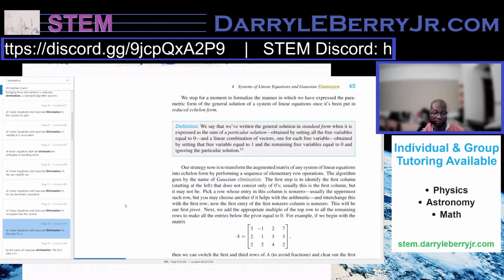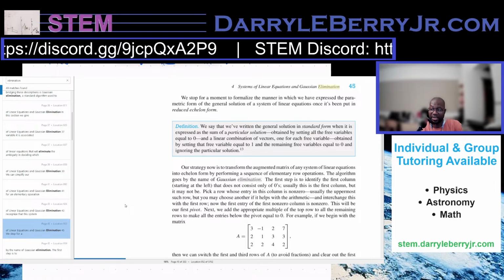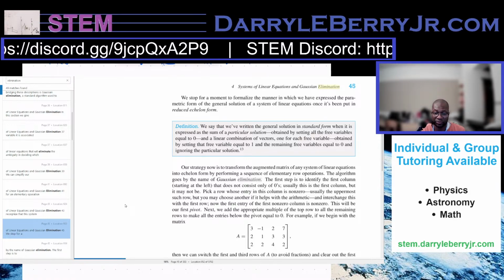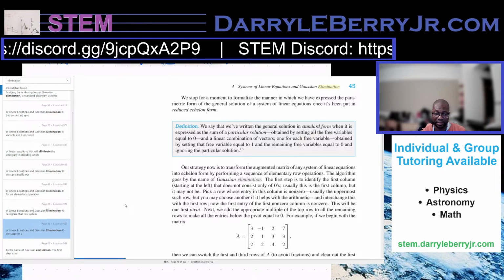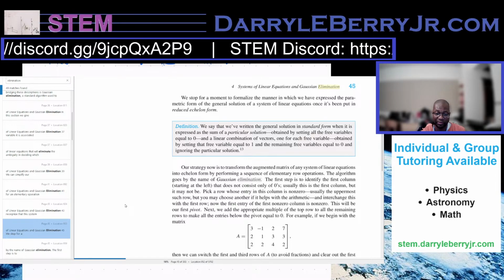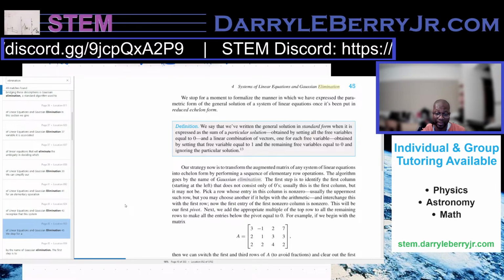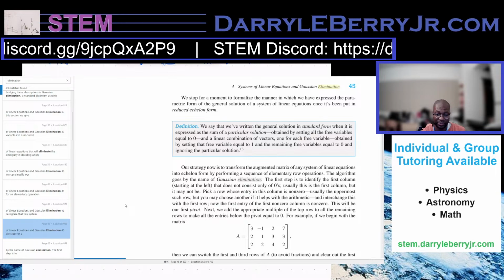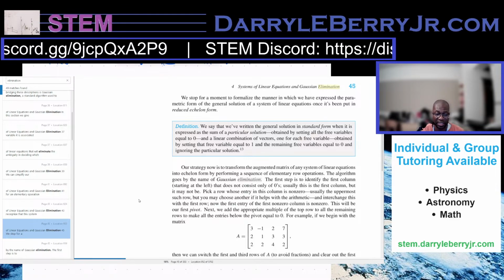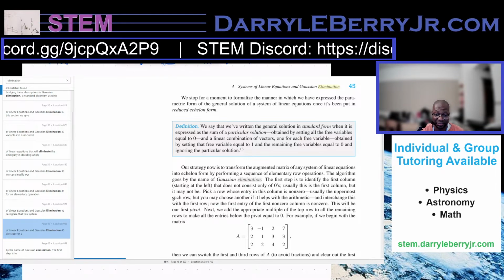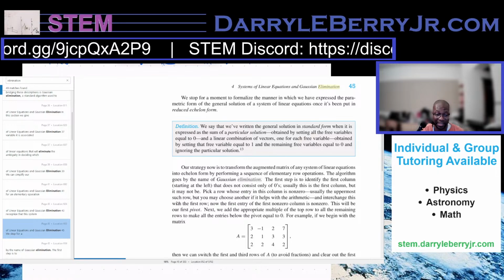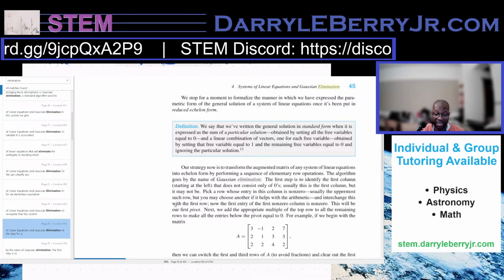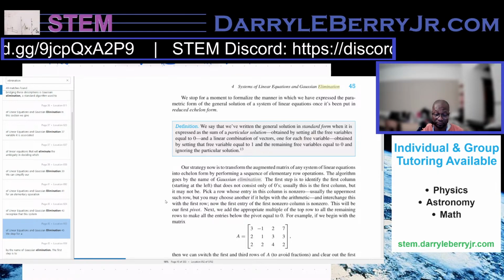Okay, here we go. Our strategy now is to transform the augmented matrix of any system of linear equations into echelon form by performing a sequence of elementary row operations. The algorithm goes by the name Gaussian elimination. Find the first column that does not consist of zeros. Pick a row whose entry in the column is non-zero.